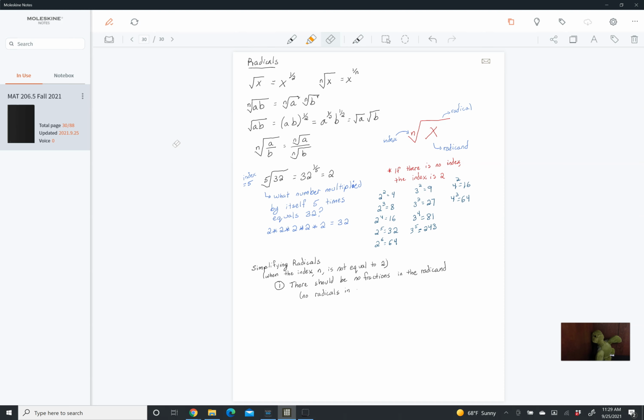This is not going to apply for now. This will apply when we get to operations on radicals, so that's why I'm putting it in there. Second thing that you want is that the rational exponents are all less than 1.